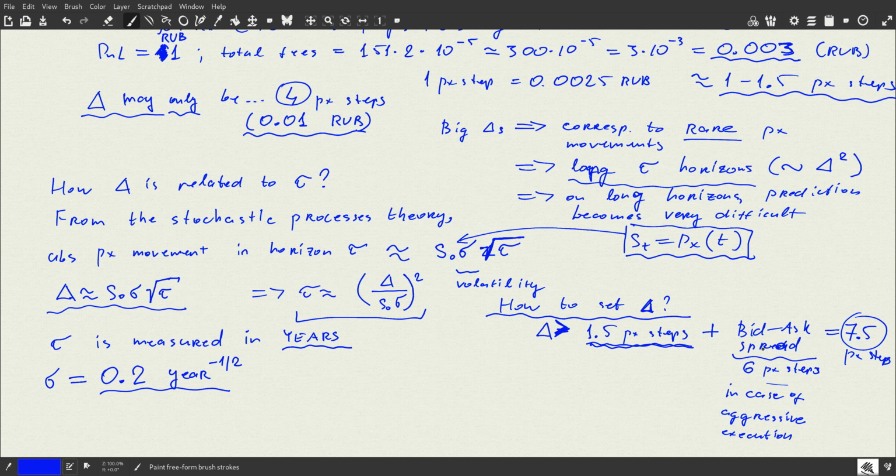So as a rule of thumb, not necessarily, but as a rule of thumb, I would say short horizon momentum strategies require aggressive order execution.